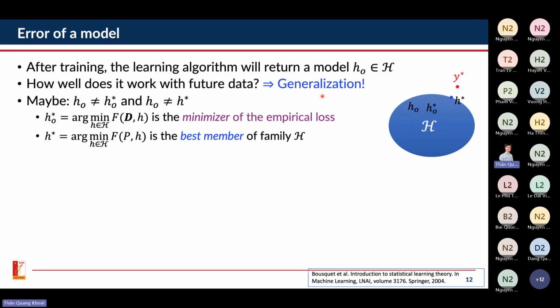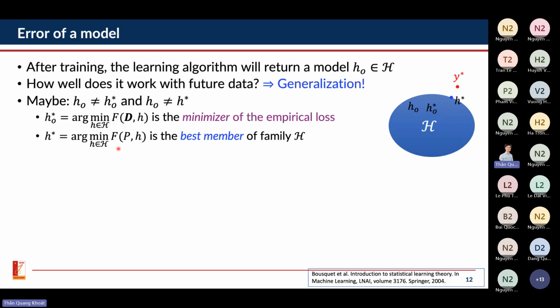And of course, in practice, our trained models can be here, but when we are trying to minimize the training loss, the minimizers can be different, even if we just focus on the training error.